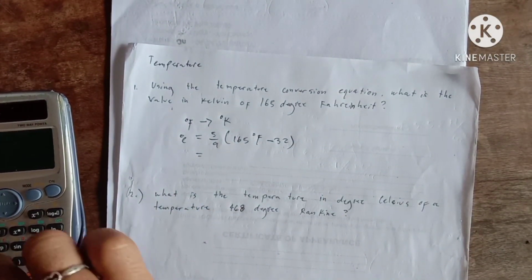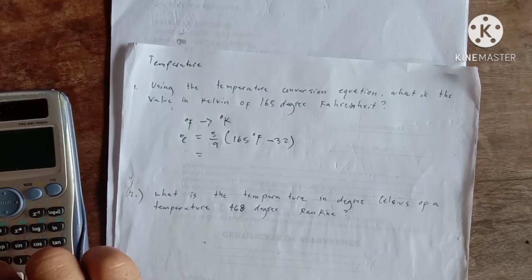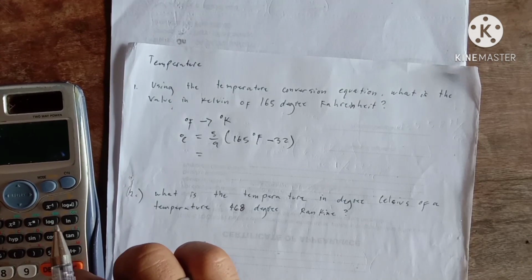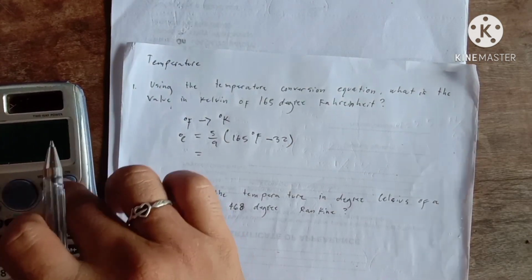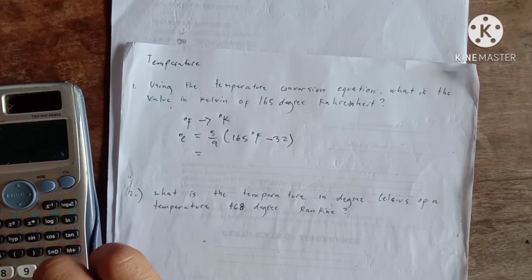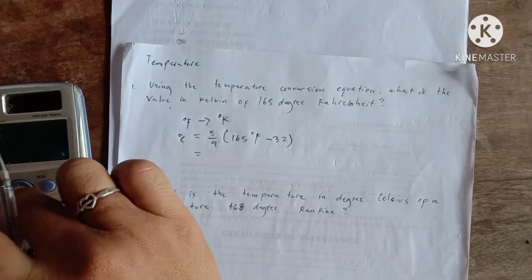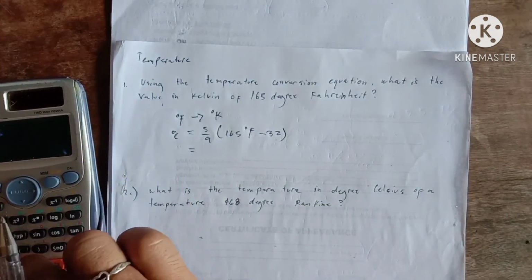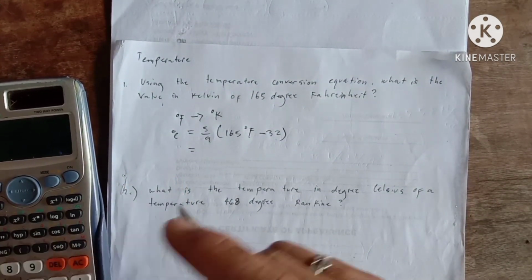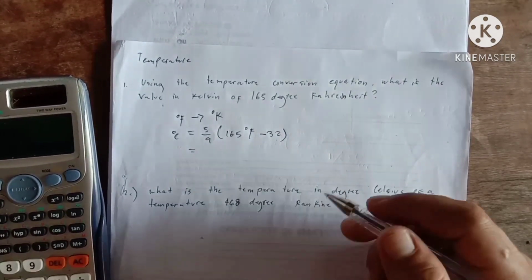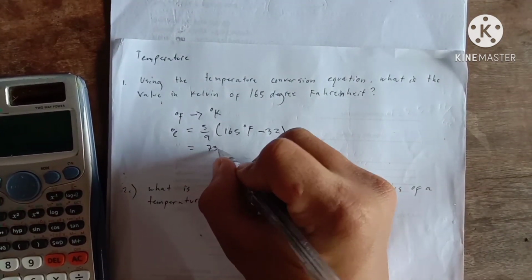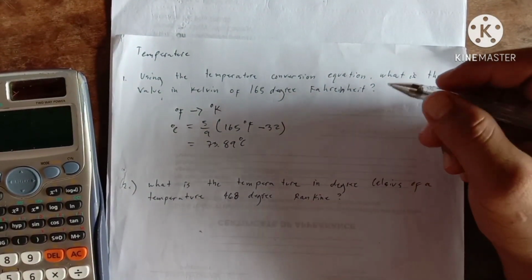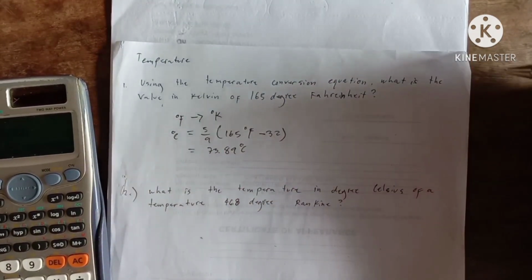So the value in degrees equals 5/9 times 165 minus 32. So the answer is 73.89 degrees. So we can easily get the Kelvin.